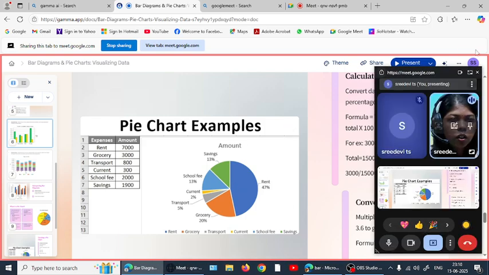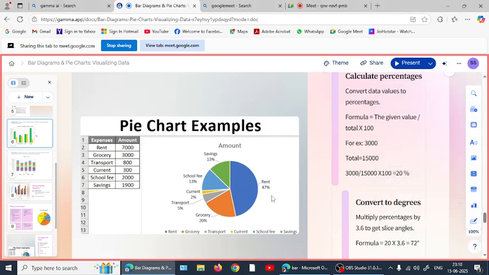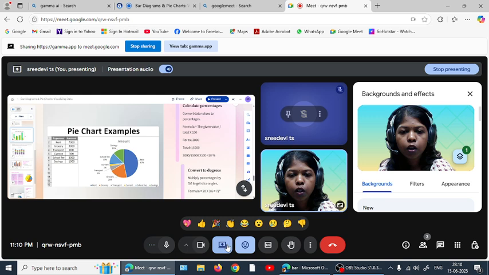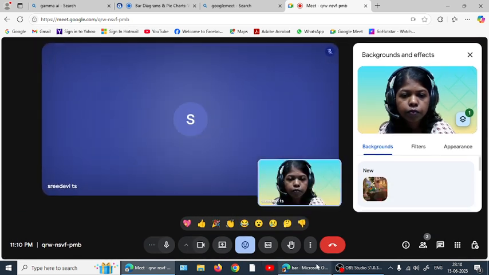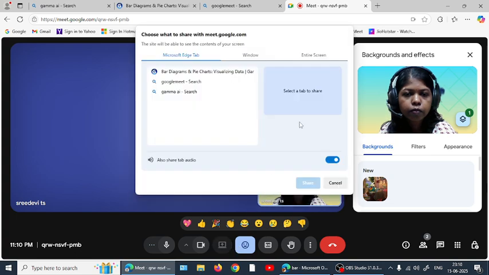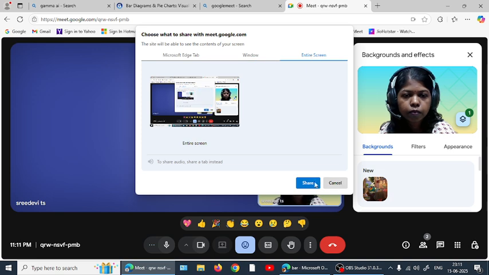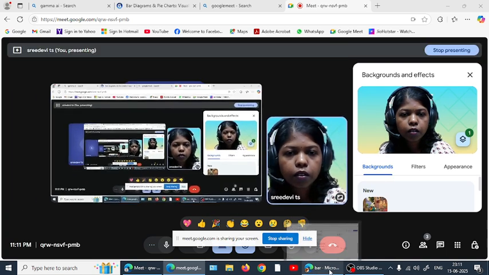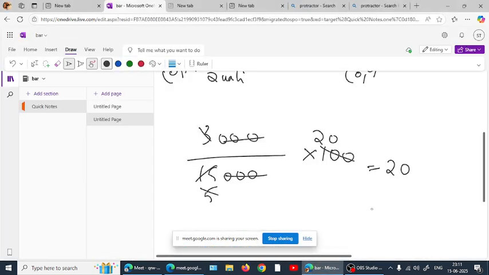Then we got 20%, and that 20% has to be converted into degrees. That I will show you. 20 into 3.6.